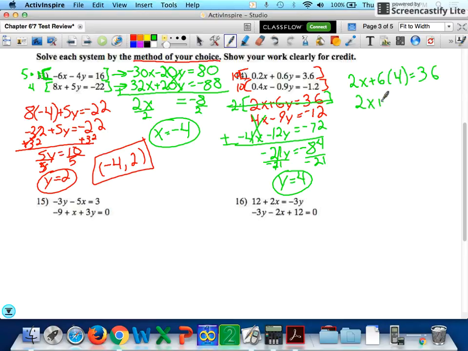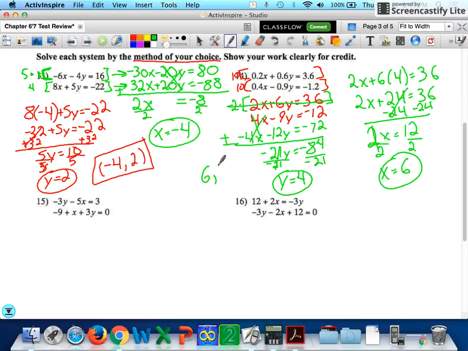That's 2x plus 24 equals 36. Subtract 24. 2x equals 12. Divide by 2, and x equals 6. That's the other half of my answer. I write them together as a point because it's an intersection. I box it in.